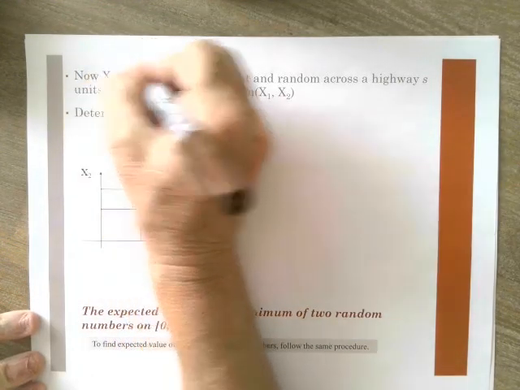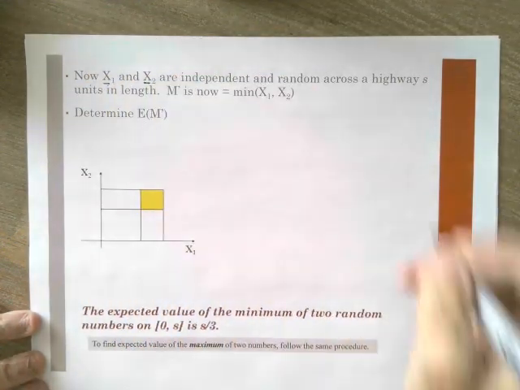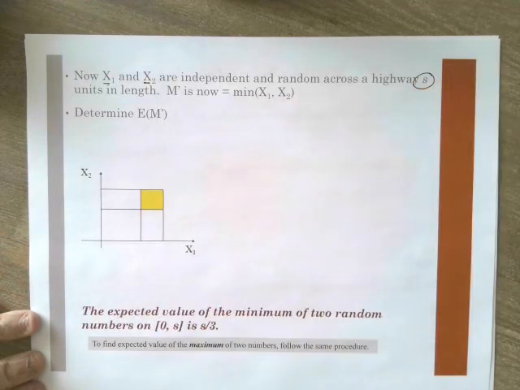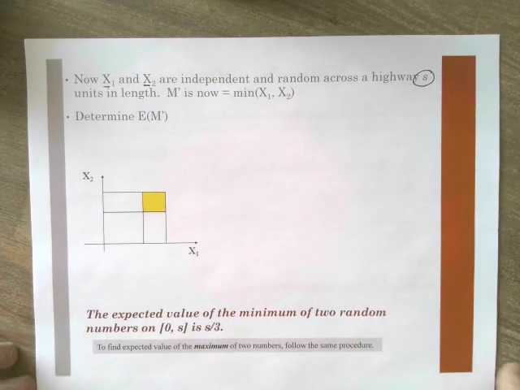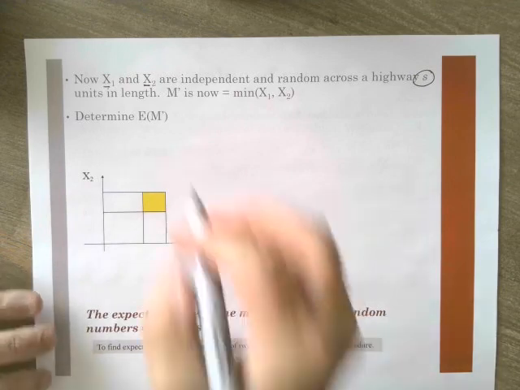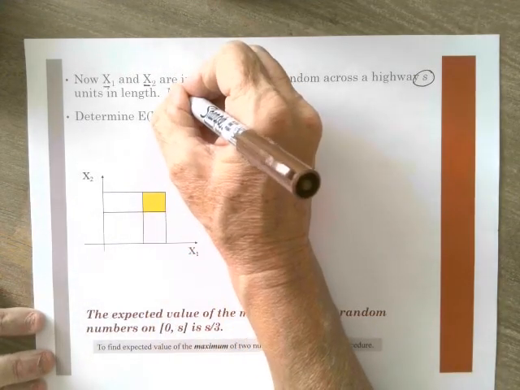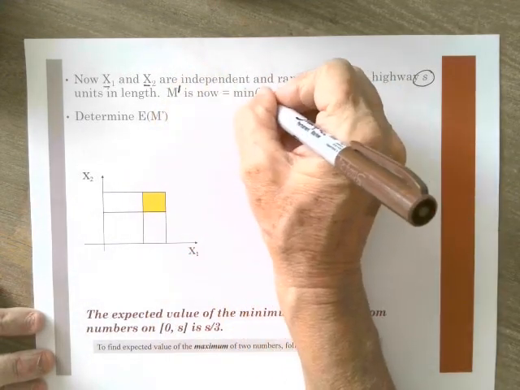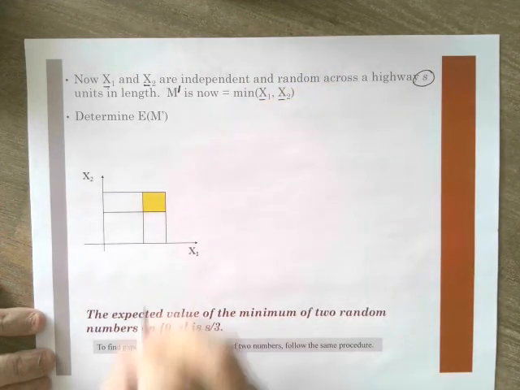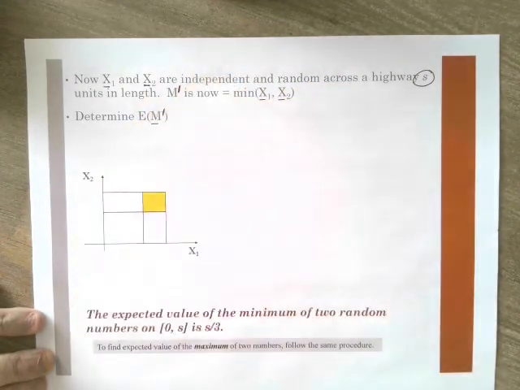So now I've got two random variables, but now we have a highway of S units in length, or S miles. Again, I used an A last time. I don't really care what you do. But now I'm going to call M prime the minimum of X1 and X2, and I want to determine the expected value of M prime.